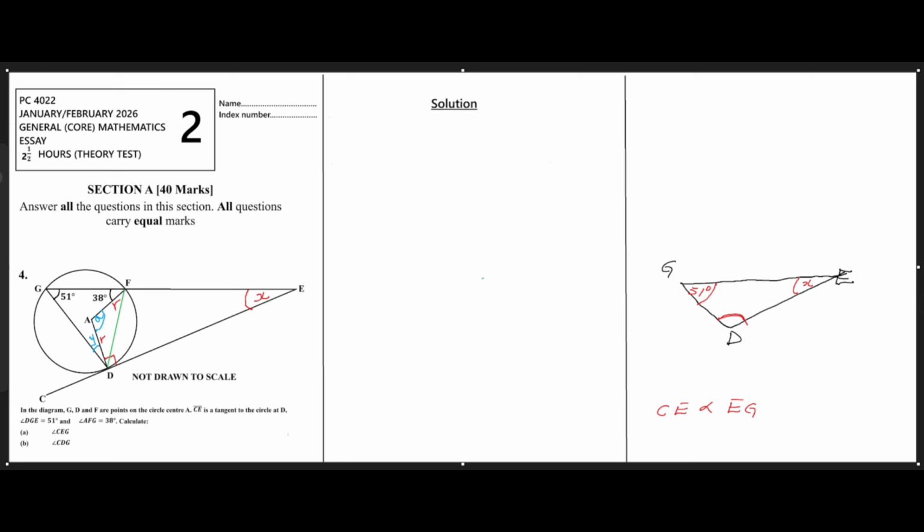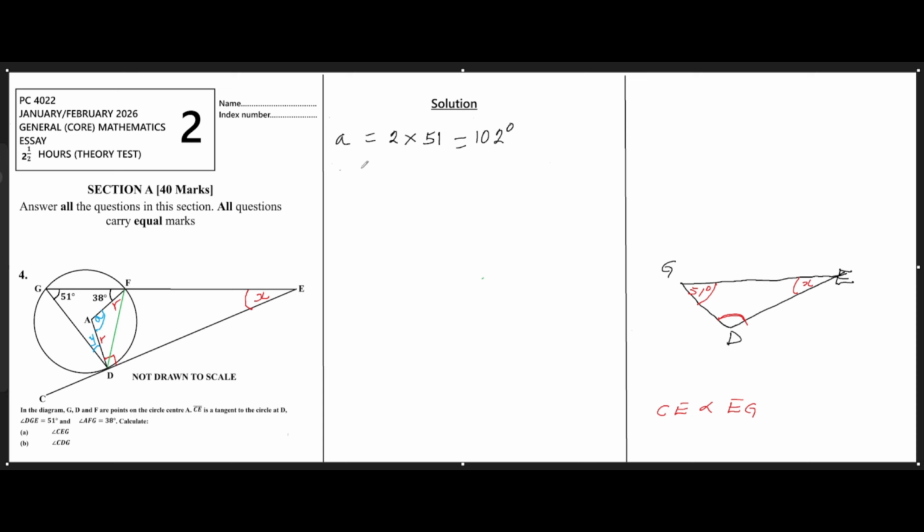So let's put down something. Angle A is 2 times the angle at the circumference. And what is 2 by 51? That is 102 degrees.